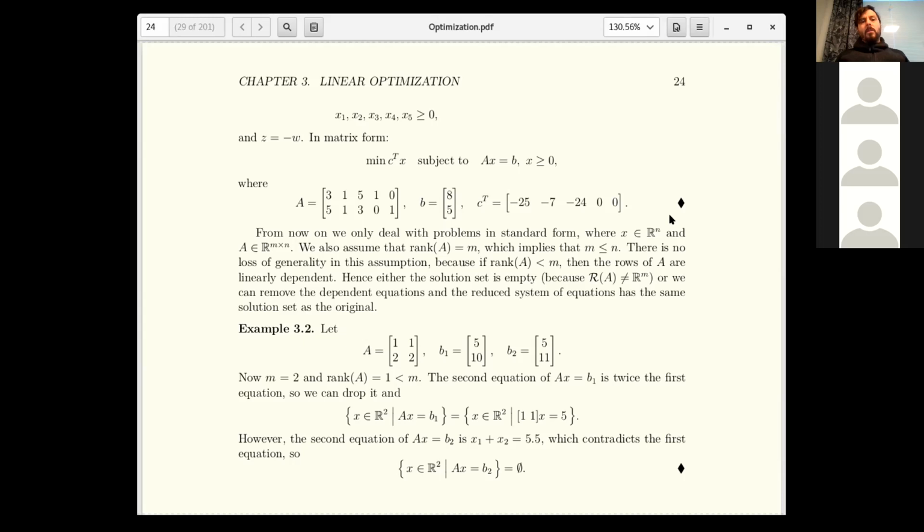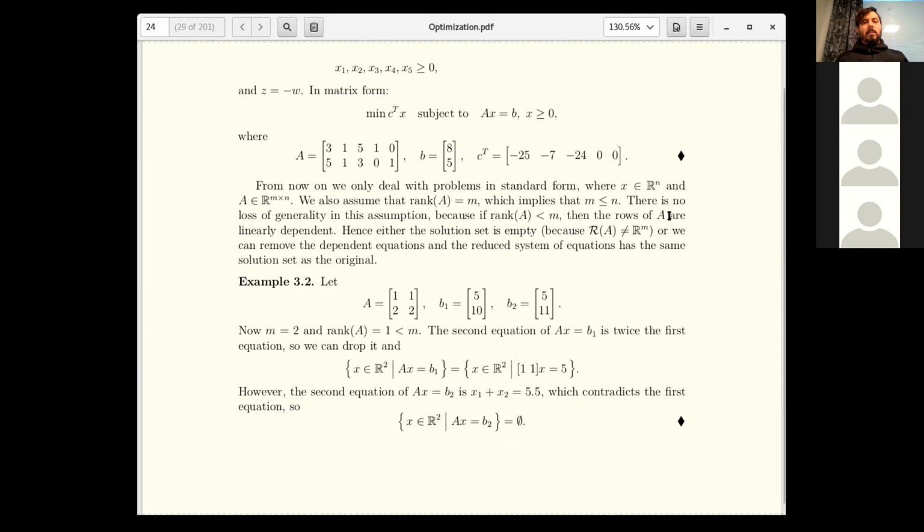We assume now, for argument's sake, that the rank of the matrix is equal to the number of rows in it, and that the number of rows is, obviously, smaller than or equal to n, which is the number of variables. We do not lose any generality under this assumption because if it has a deficient rank, then the rows are linearly dependent.